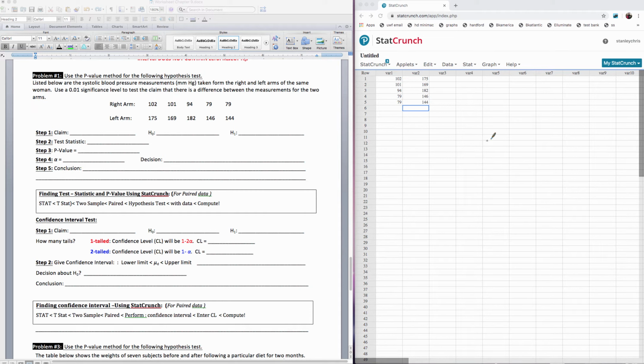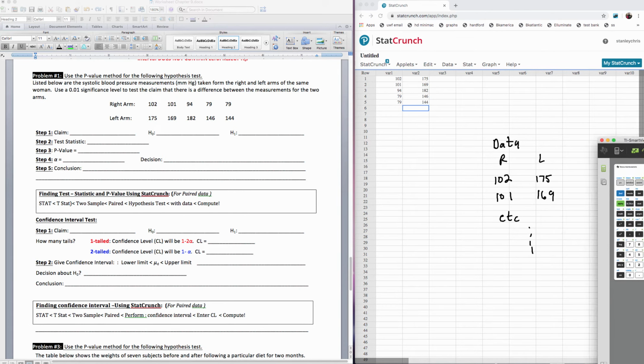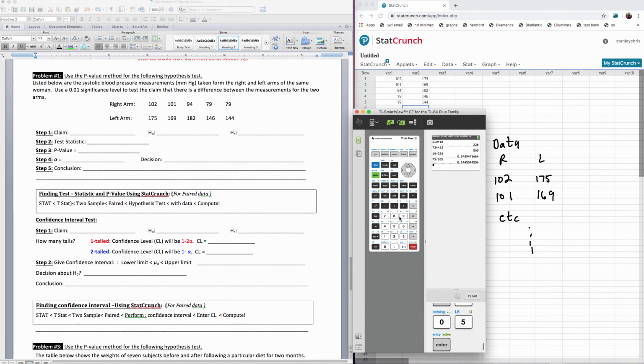Let's say the first data here is the right arm, and this is 102. They took these 2 measurements on the same person. So on the left arm, the person got a 175. The next time this person was a 101 versus a 169. So, etc.